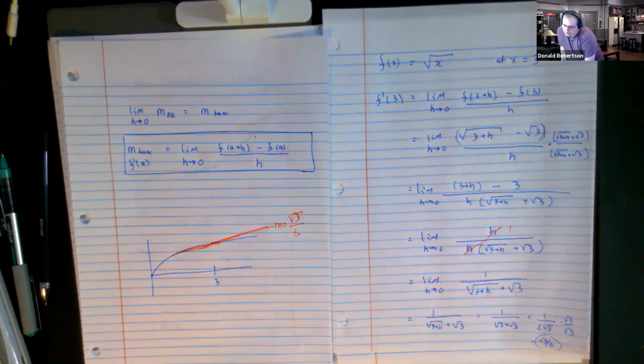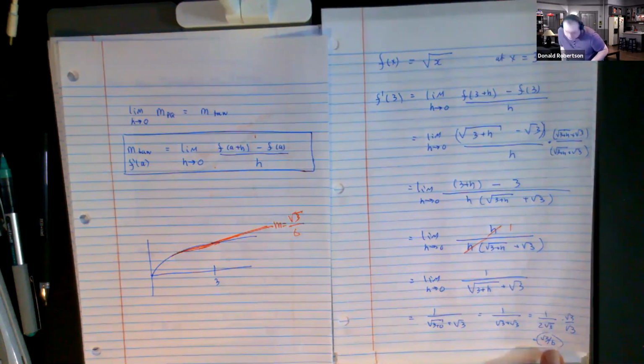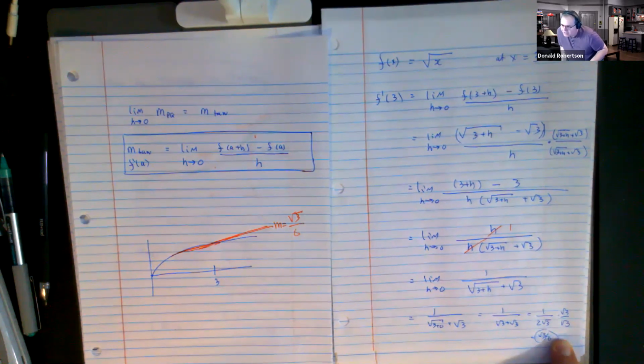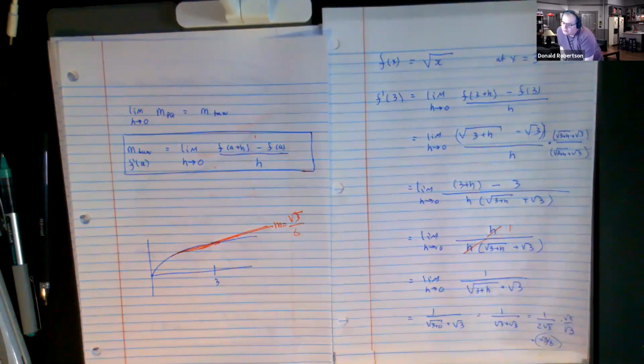Do you see that we now have a method that gives us exactly what we want? That is the perfect answer for the slope of the tangent line. It's not an estimate. It is the real answer. That's pretty powerful. And that's where calculus began, from a simple problem of how do you find the slope of a tangent line? And it took us a very convoluted route, didn't it?